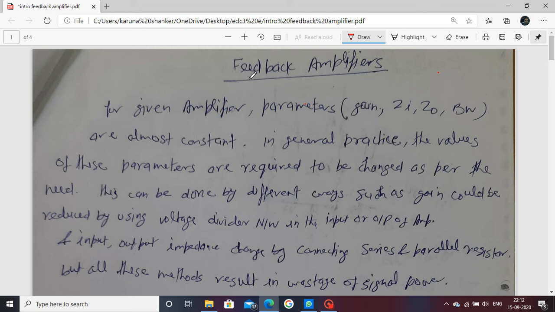Now we have seen the word feedback. Suppose there is an amplifier, suppose this one is the amplifier block, this is your amplifier and input is given to this side, this is your input side, this one is your output side. Now whatever is amplified comes across the output side.